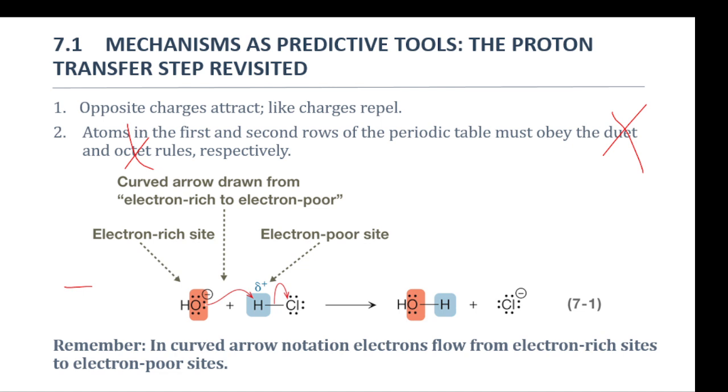Now, this right here is an electron-rich site. And this is, of course, an electron-poor site. And so these are going to be attracted to each other, right? Once they get near each other, they can do what's called a coordinate covalent bond. Were you guys aware of that? Anybody know what a coordinate covalent bond is? You're aware of a covalent bond, right?